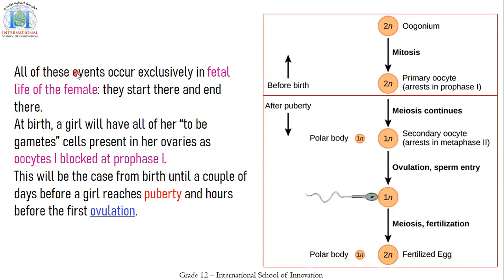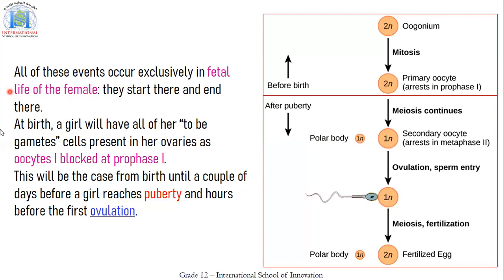So all of these events happen in fetal life of the female. At birth, all girls have oocyte 1 blocked at prophase 1. Okay? Till when? Till a couple of days before puberty. So at the age of puberty.